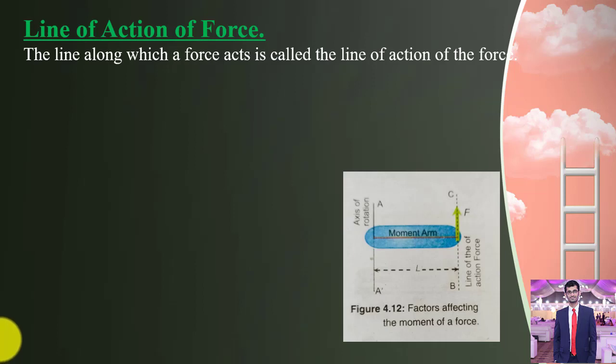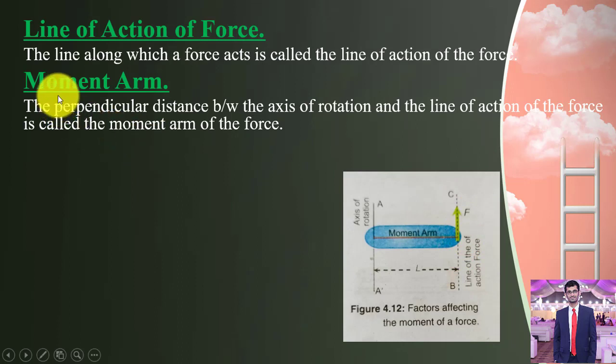Line of action of force. The line along which a force acts is called the line of action of force. Here in this diagram we can see this is the line of action of force, the line along which the force acts.